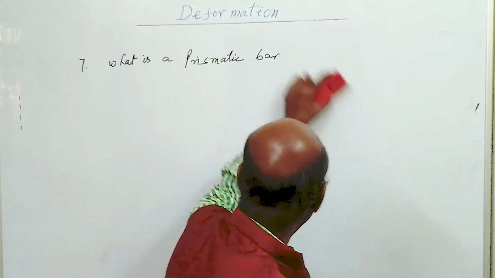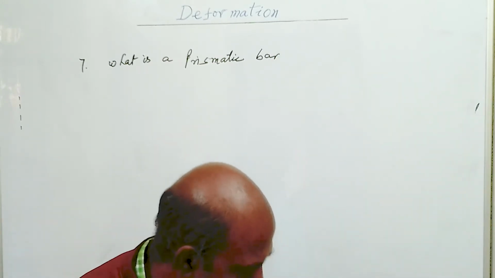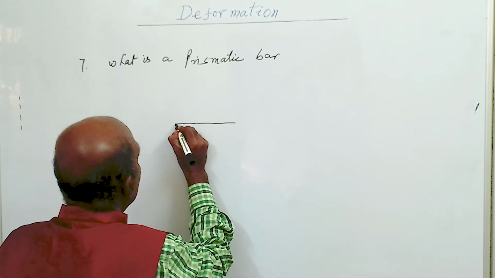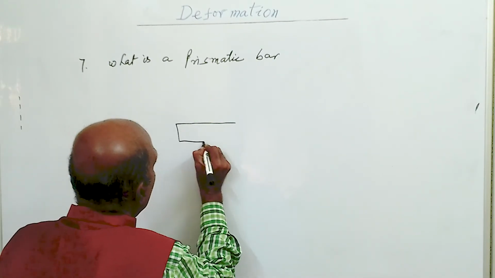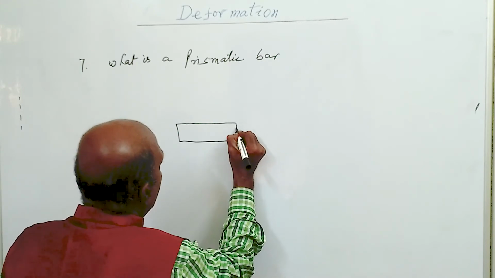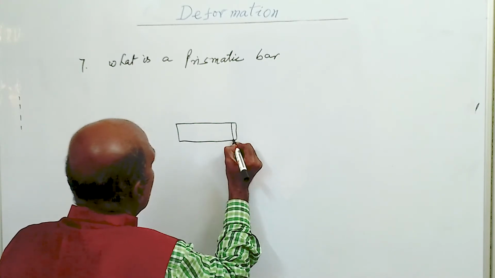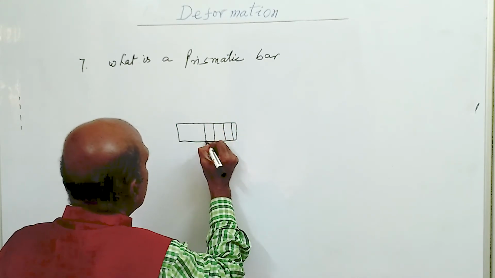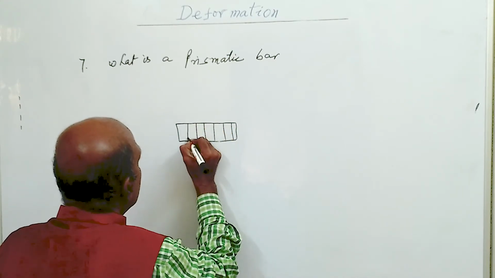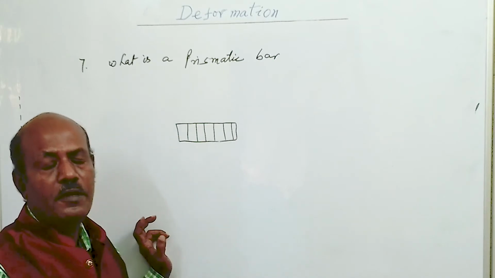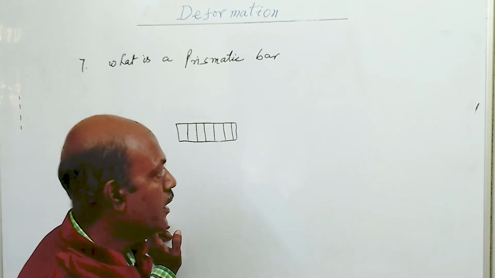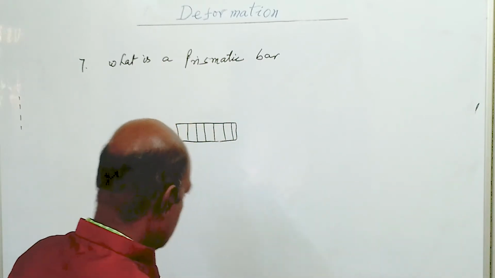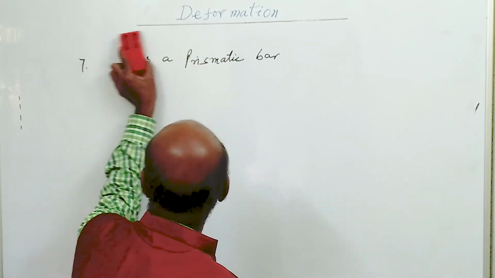If we see a bar that has equal cross section at every point, then the bar is called a prismatic bar.